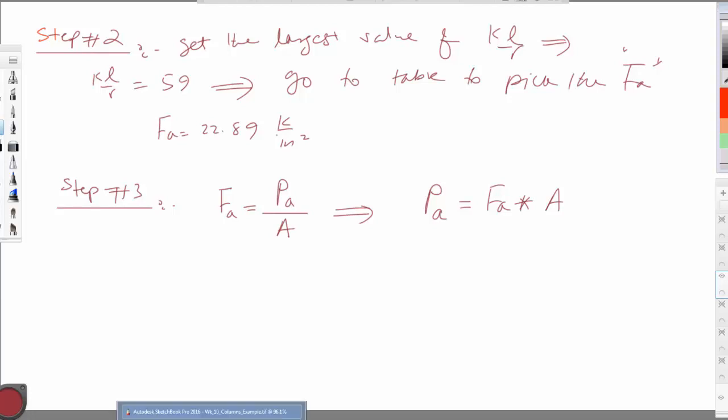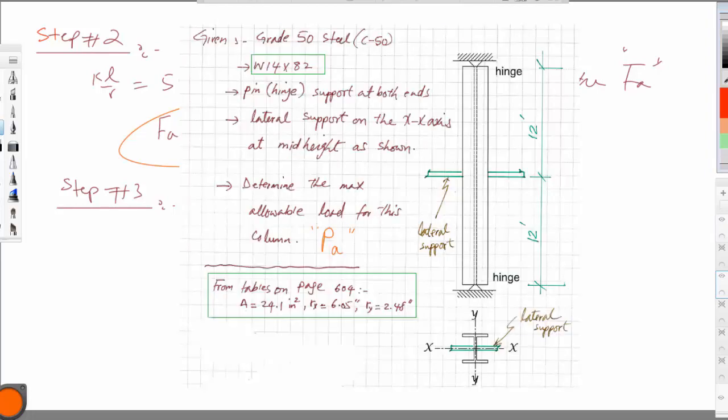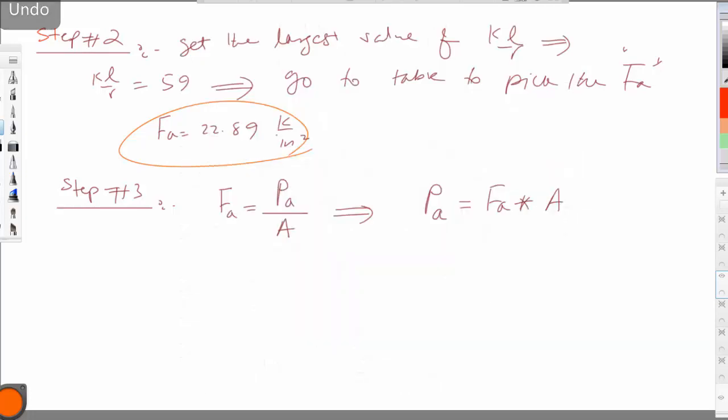We know FA, and the area is 24.1 inch square.